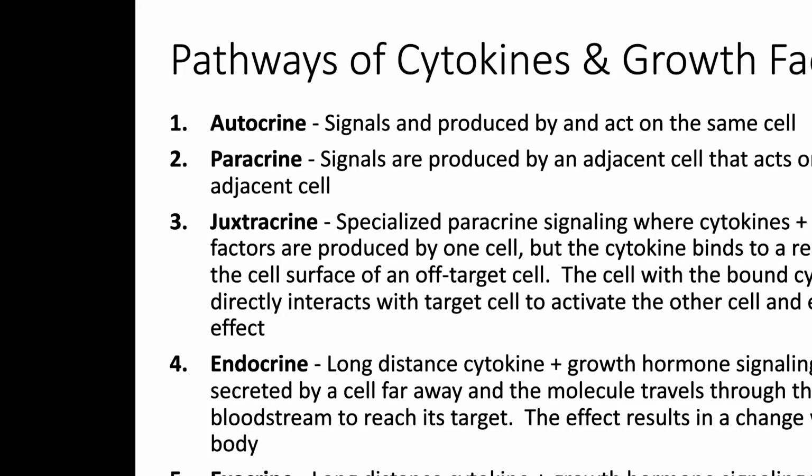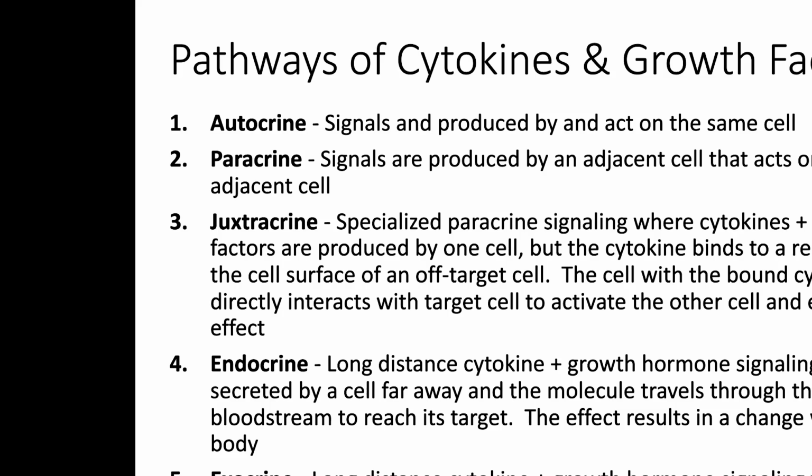Juxtacrine is kind of weird. Let's say that we have cell A. Well, cell A is not going to have its neighbor act upon it for some reason. So this is where cell B and cell C come in.